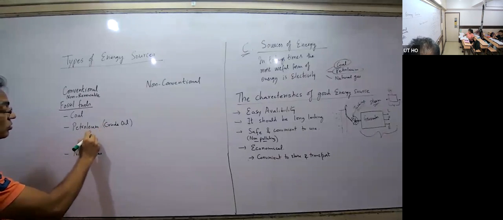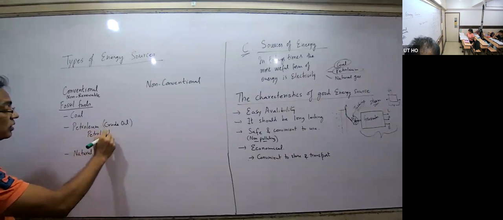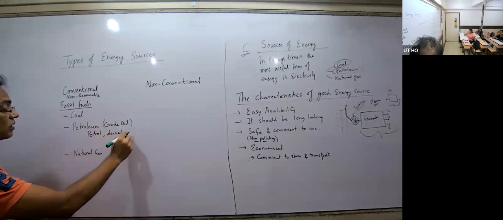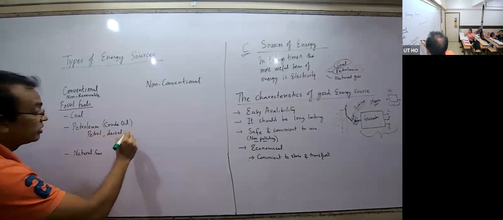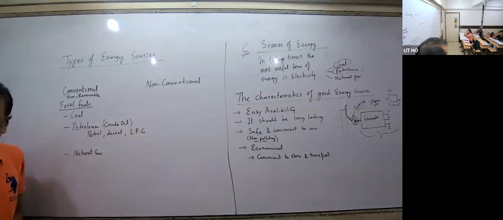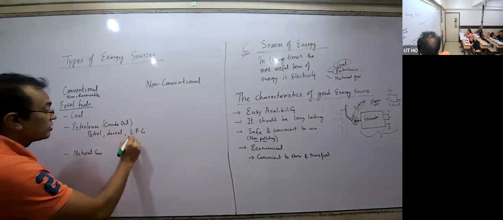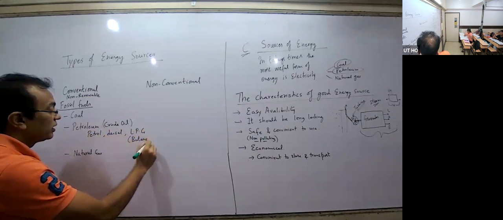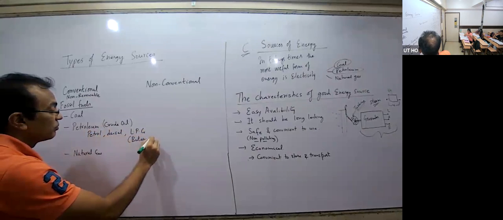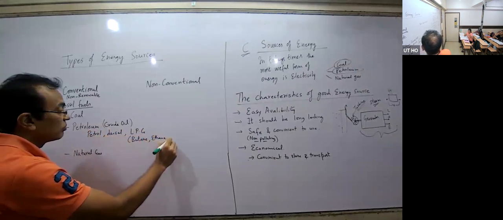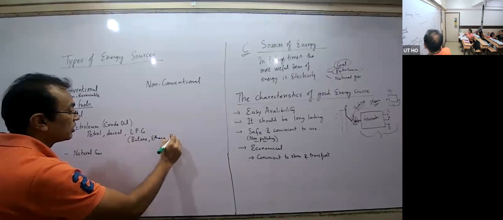We get petrol, we get diesel, right? What else do we get? We get liquefied petroleum gas, LPG. Right? So LPG is mostly butane gas, then propane and ethane, in small percentage.